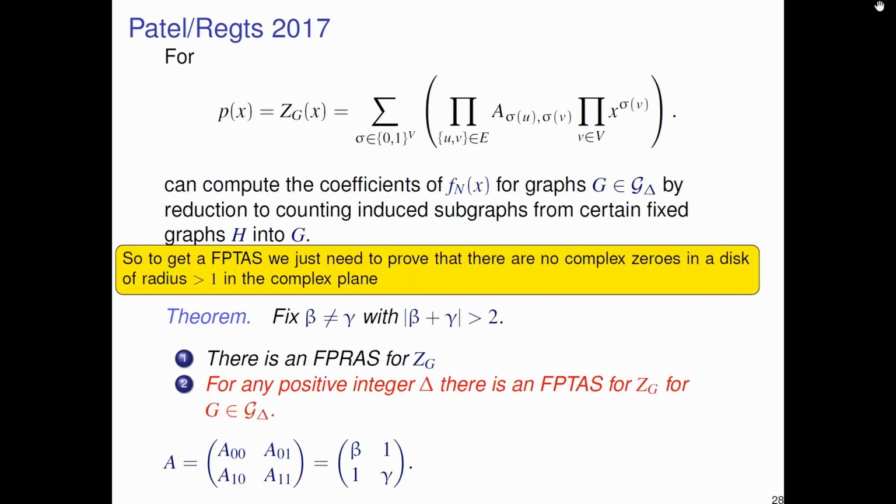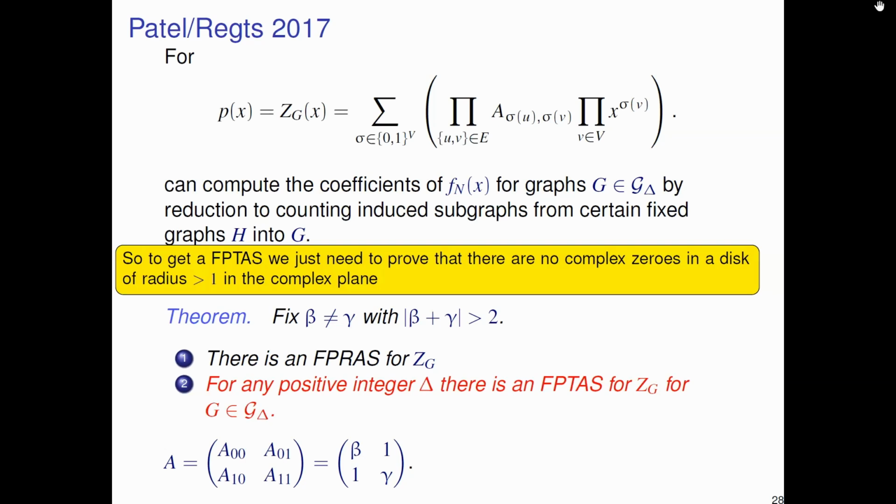The second piece of the puzzle, done in really lovely generality by Patel and Regts, is that you can compute the coefficients by reduction to counting induced subgraphs of G. This is a really lovely generic trick, and it's one of the reasons we looked at bounded degree. The critical point depends on the degree, and we don't even know how to compute these coefficients unless it's bounded degree.